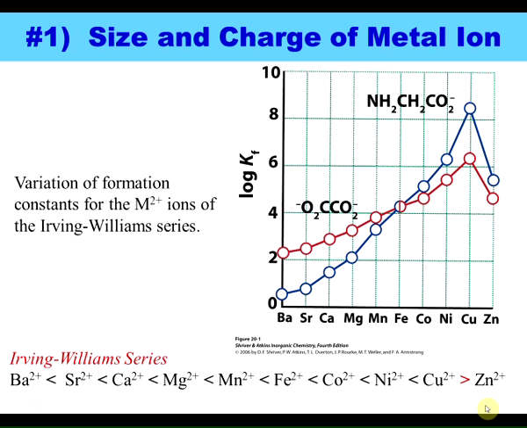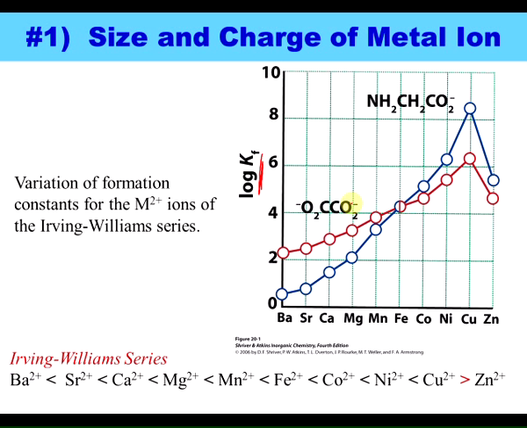So here we have some data showing how the size and charge of a metal affect the formation constant. So here we've got the log Kf, so the higher the value, the more stable the complex is. And here we have this oxalato ligand, so we've got these 2 oxygen donor atoms that bind to the metal.